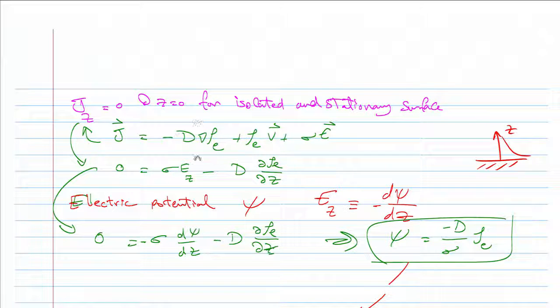One of them is, can you guess what's that? I just said it a few seconds ago. This is nabla rho e, where rho e is the charge density, and that's the diffusion coefficient, and that's the concentration. So this is just pure diffusion.